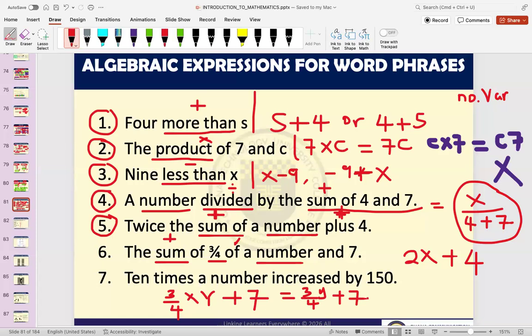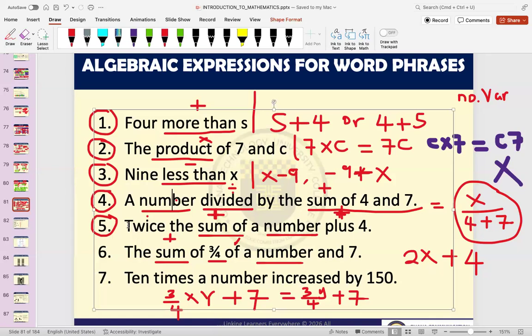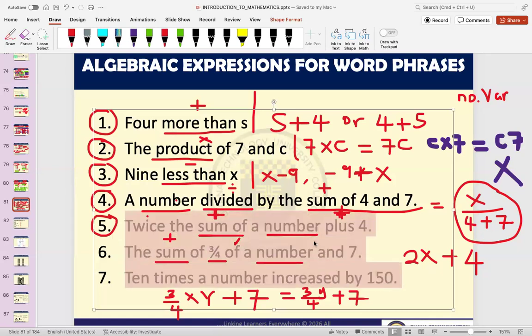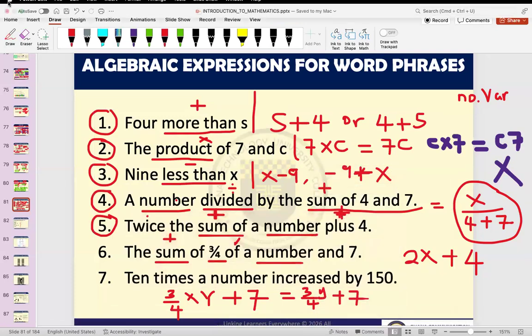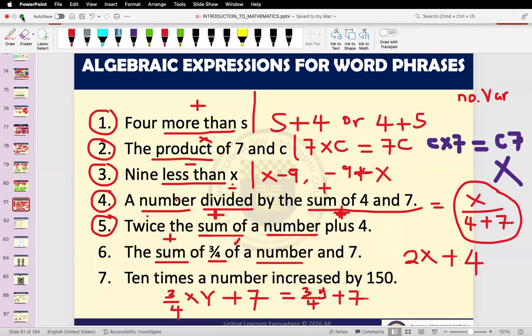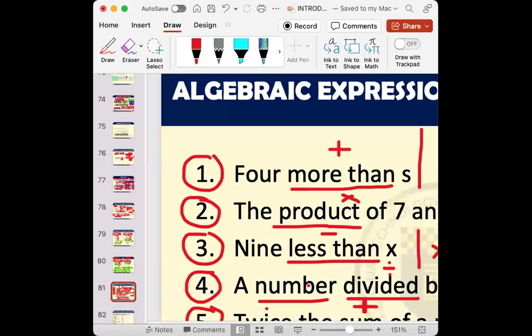3/4 y plus 7. Because of your intervention, Abraham, I want to be sure the class is following. So please, if you have a question, ask before I do the last one. If you have also observed anything in our writing, you can ask, and then I can continue, because I want to make sure you fully understand this, and then we can use it to solve a lot of problems that we are required to do.